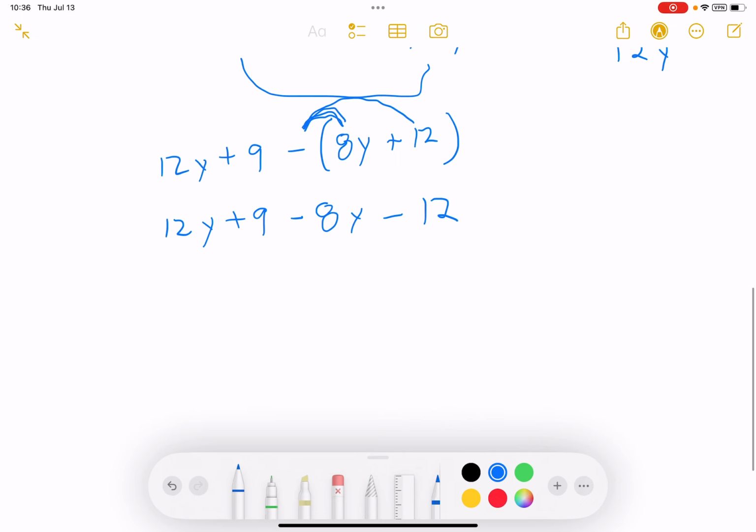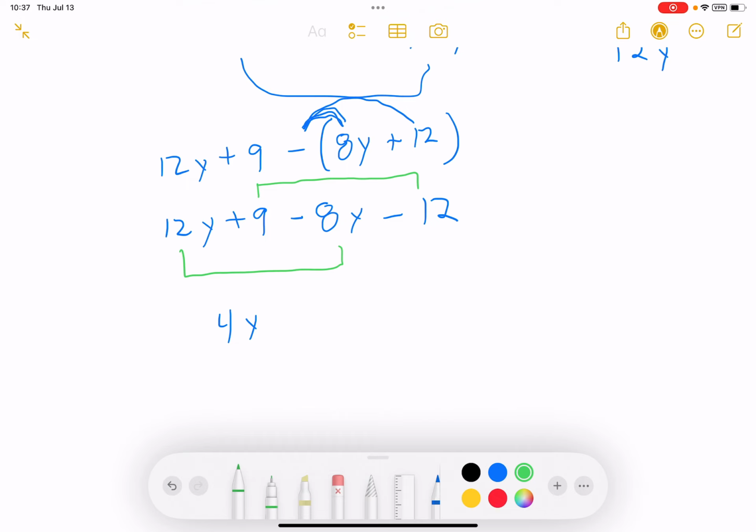Now let's combine like terms. 12y minus 8y, because those are like terms, right? What would that be? That would be a 4y. And then let's do this part. This is a plus 9 minus 12.